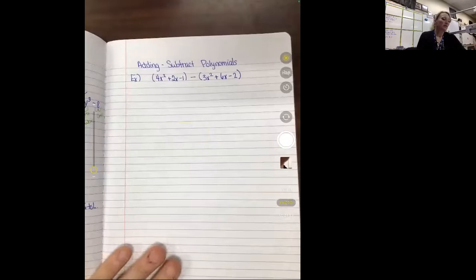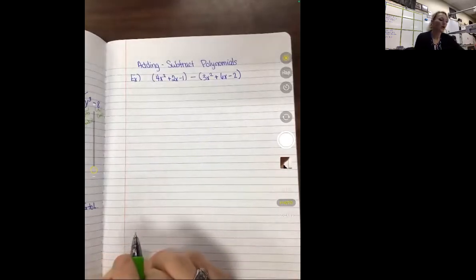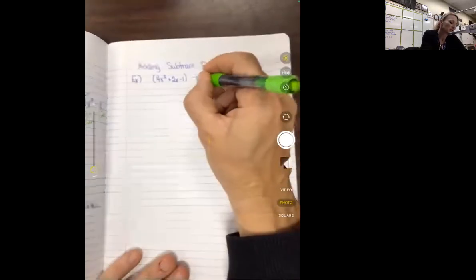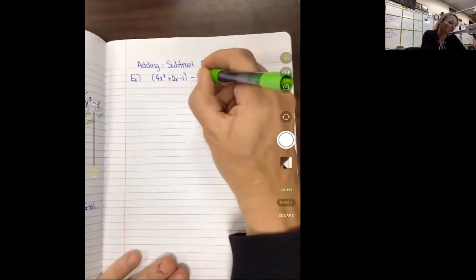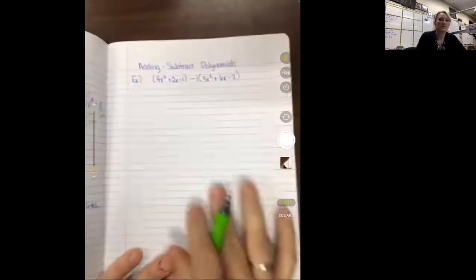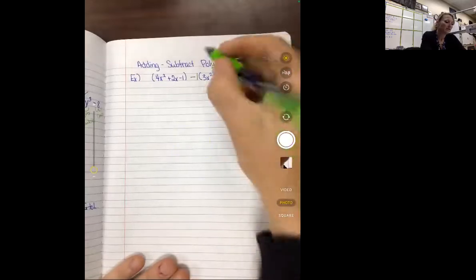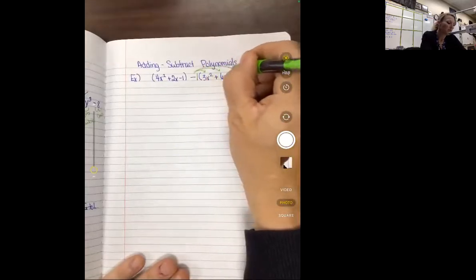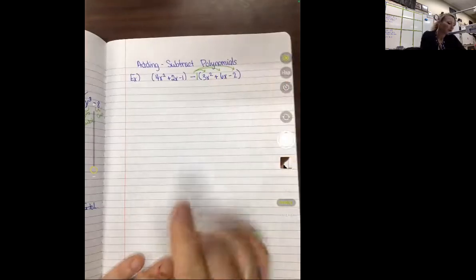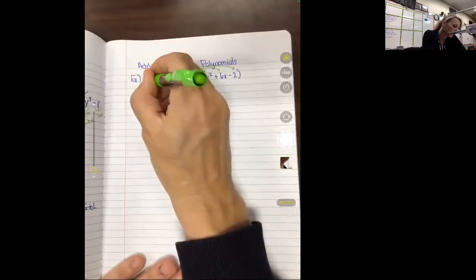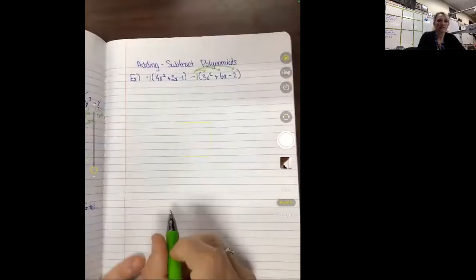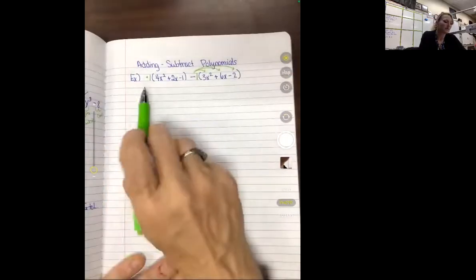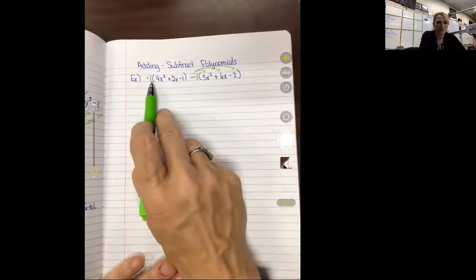So we know that when you have parentheses, there's always a constant in front. So this negative is problematic because there's actually an invisible one sitting right there. And that invisible one has to be distributed to everything on the inside. There's also a 1 right here, but it's a positive 1 because there's no negative. And so we don't need to really worry about this because a positive 1 times anything is not changing anything.